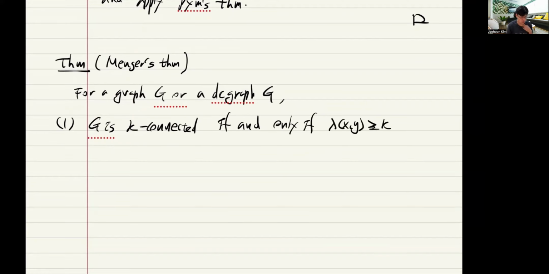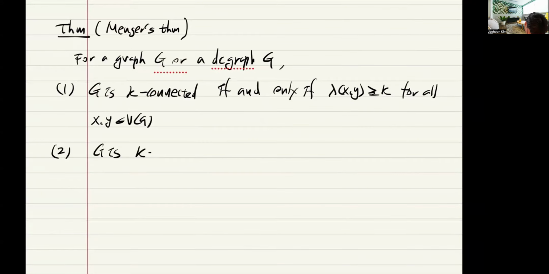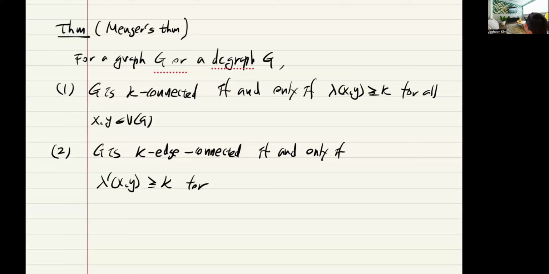You can find k independent paths for all x, y. And G is k-edge-connected if and only if between any two vertices x and y, you can find at least k edge disjoint paths.